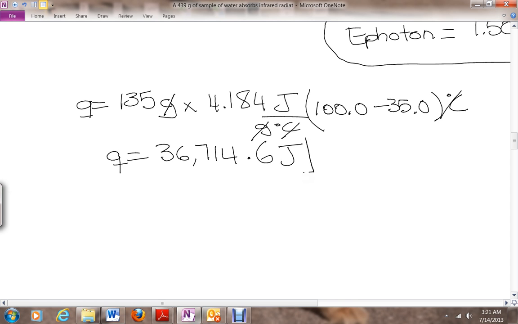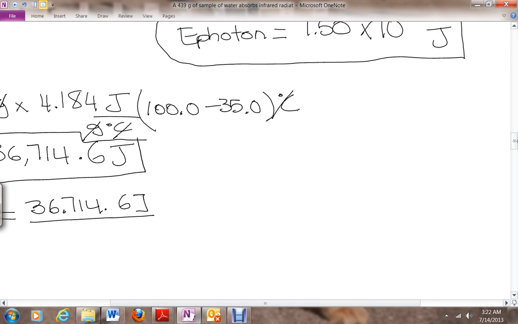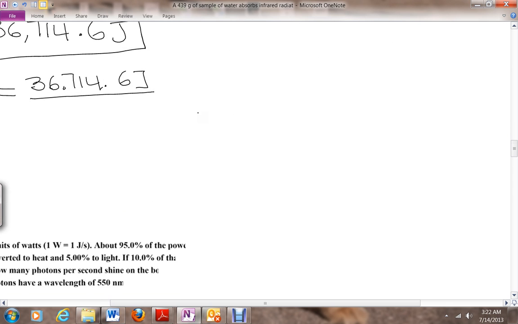Now to find the number of photons, remember, the number of photons would be equal to the Q, which is 36,714.6 joules, divided by the energy of the photon, which is already 1.50 by 10 to the minus 24 joules per photon.